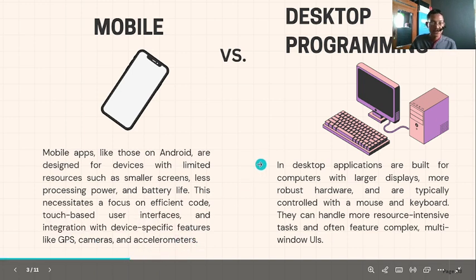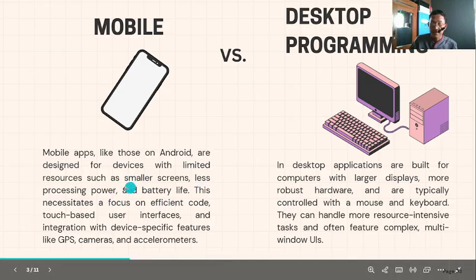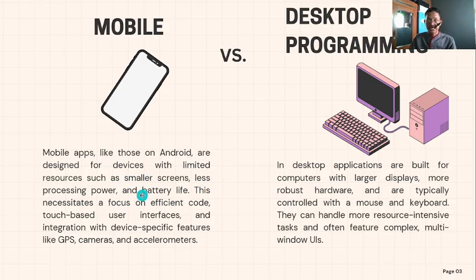So sa mobile app sir is limited lang po yung resources na pwede nating makuha, and ang screen lang po ng phone natin is maliit lamang po sir, and yung battery life niya po is maliit lang din sir, konti lang po.